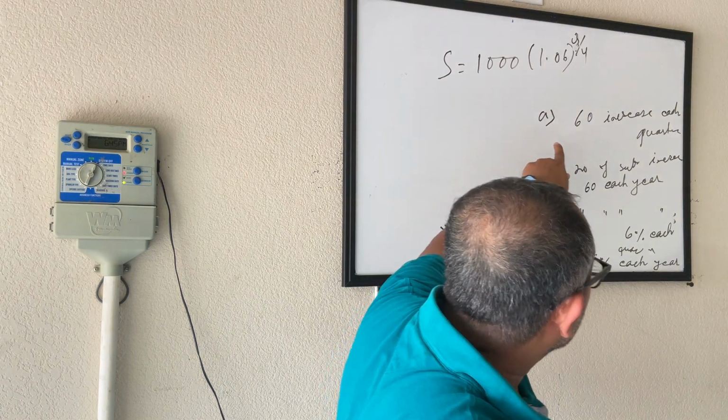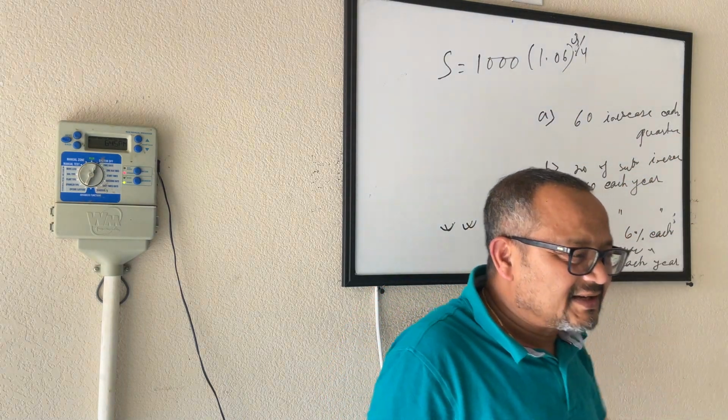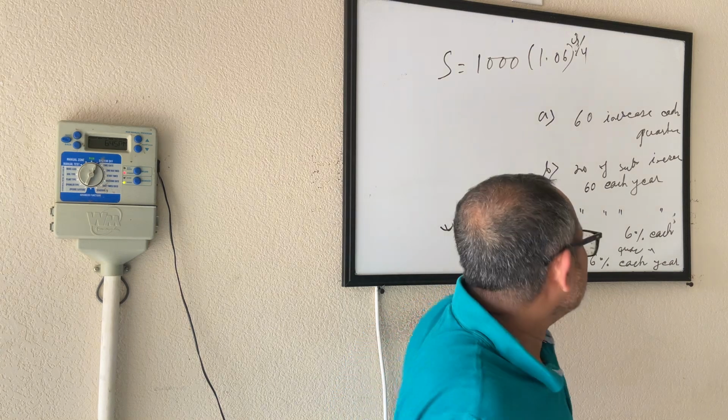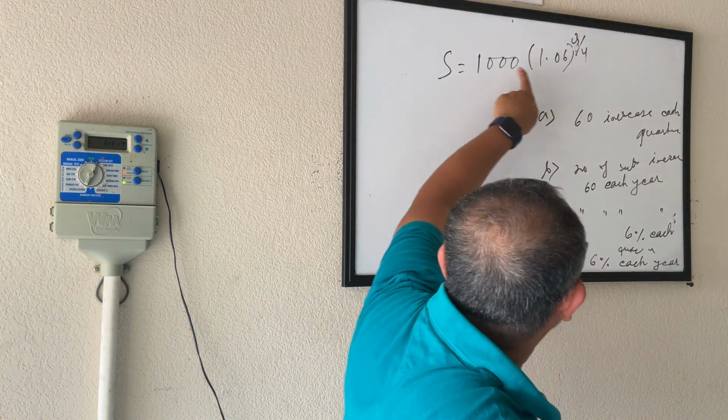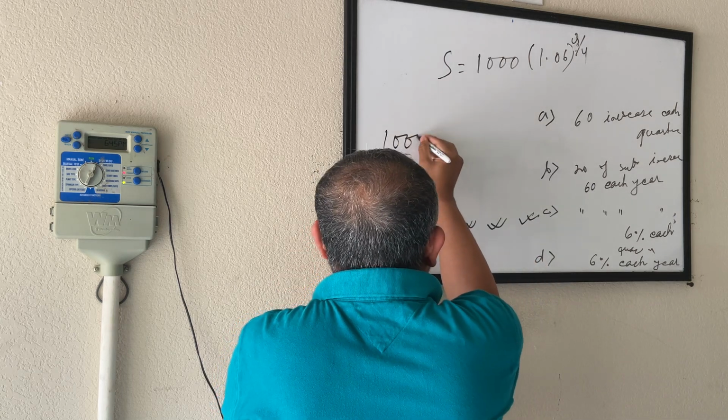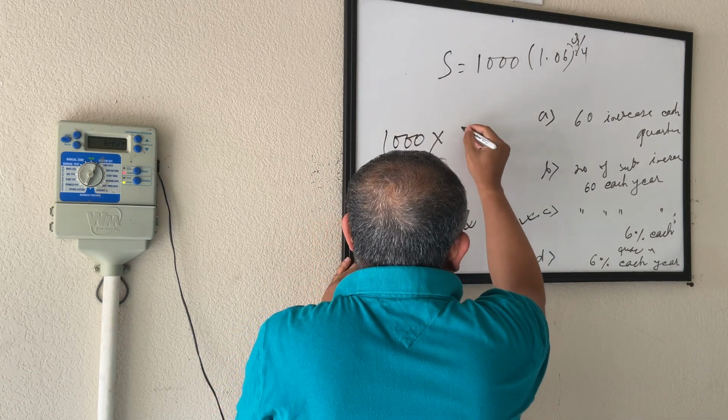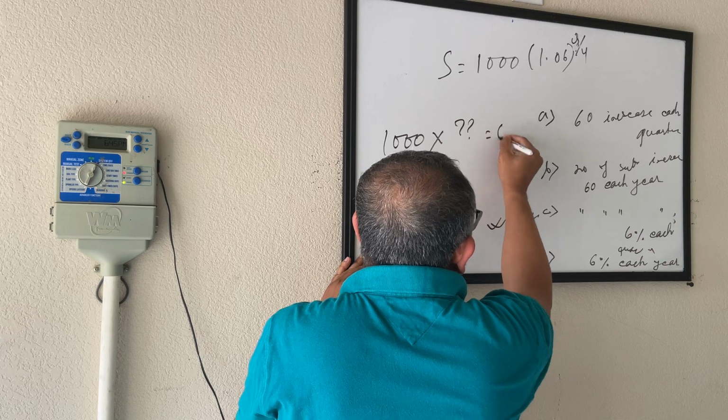So here 60 increase each quarter, that doesn't sound reasonably correct. Because 60 each quarter, who's telling me 60,000 times what is 1,000 times what will be 60?